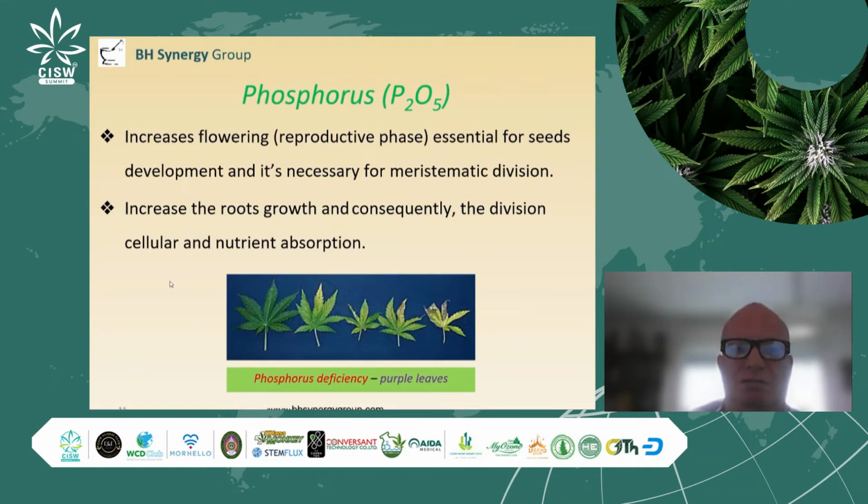And if we talk about what deficiency does in the leaves, we can see that deficiency means the leaves go from purple to yellow, not in the same form as we saw before. We can see how we can identify it here in the leaves of the hemp.